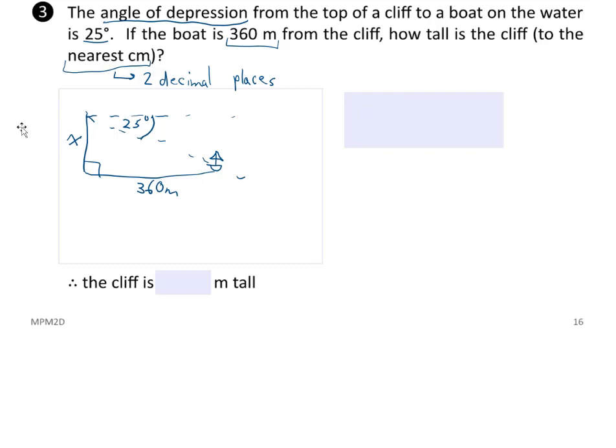Well, there's actually 2 different ways to go about this. Because there is a bit of a pattern here, you can determine what the angle of elevation from the boat up to the top of the cliff is. If you recognize it, that's going to make this much, well, it's not that hard of a question. It's going to make it easier, though, even easier than it already is.